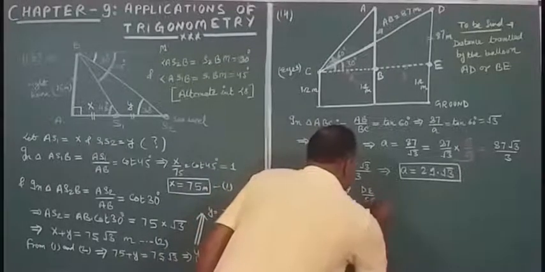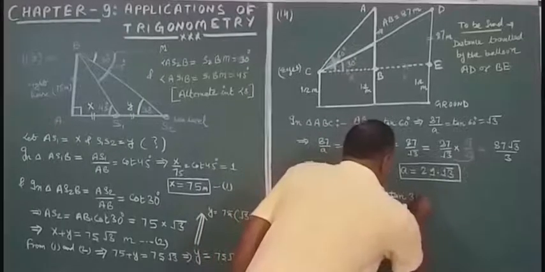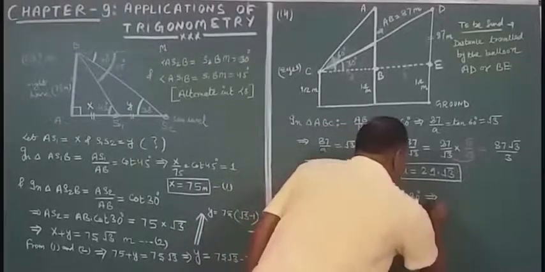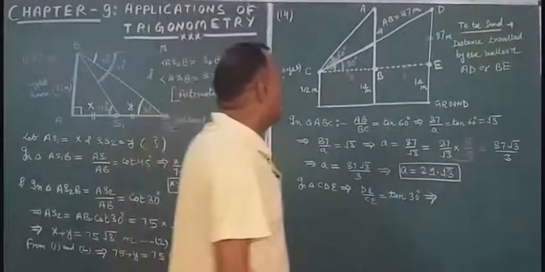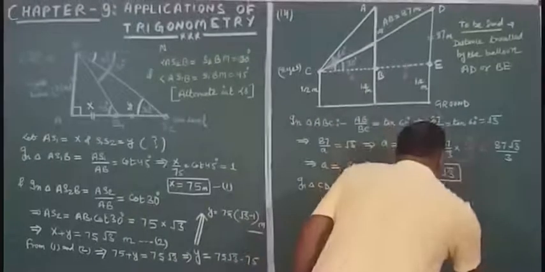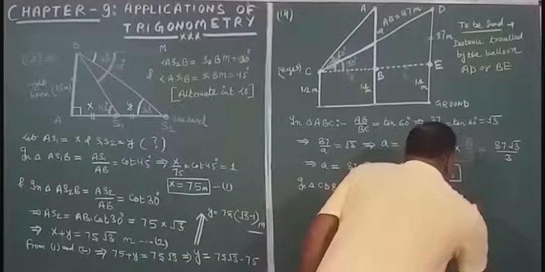DE upon CE is equal to how much? The perpendicular upon base is what? Tan 30. What is the height of DE? 87 upon CE is equal to tan 30.